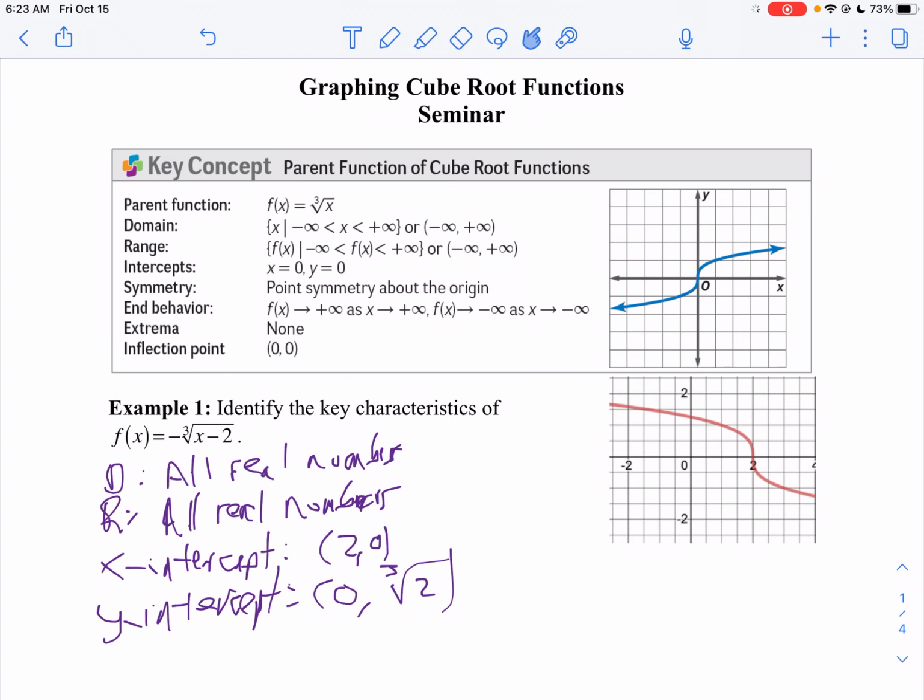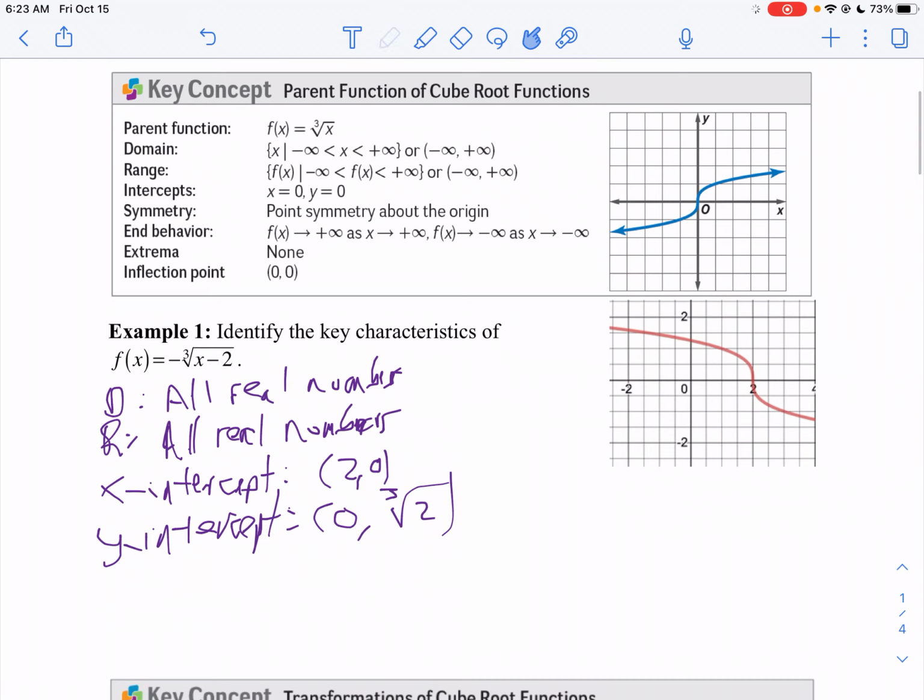There is no symmetry, or there's point symmetry, I should say, but no line symmetry. So there's point symmetry around 2, 0.